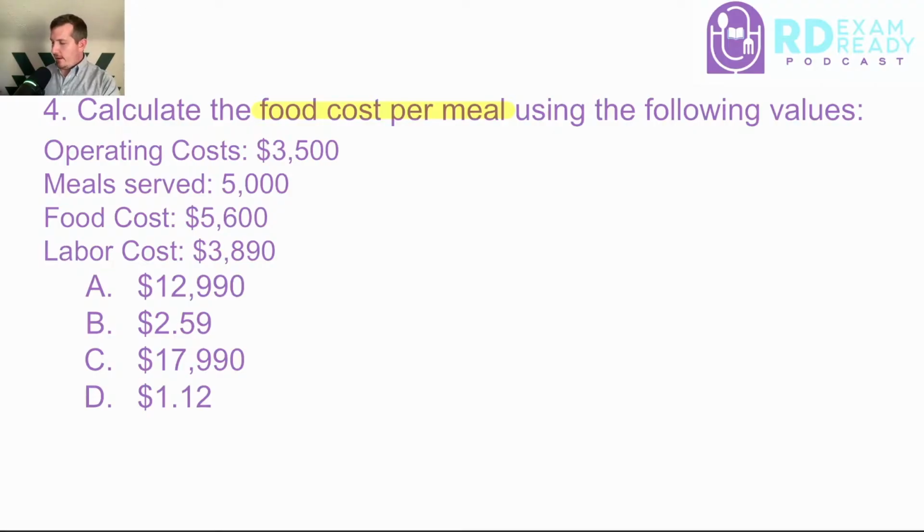It's so key there. So let's remember that we highlighted up here that said food cost per meal, right? Food cost per. Now, a little tip, whenever you see the word per, it's another way of saying divided by. Okay, so it's like saying food cost divided by meals.